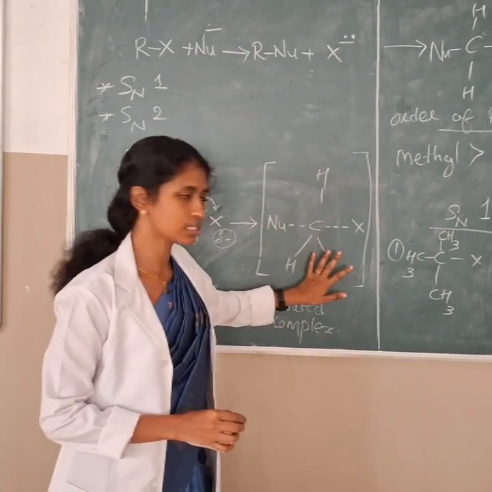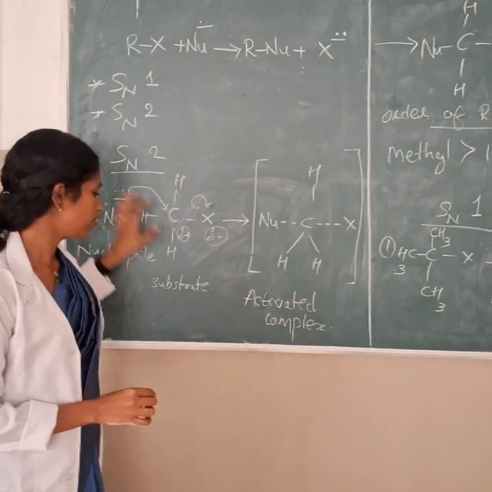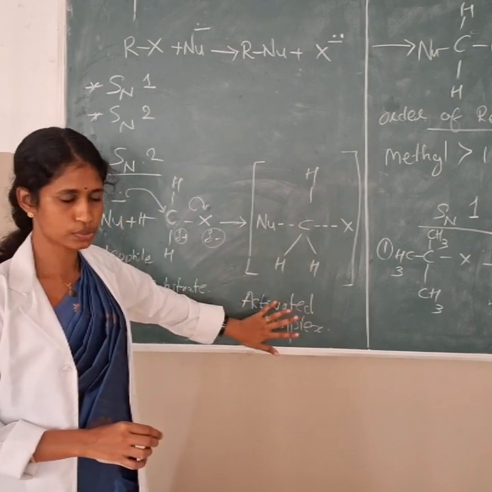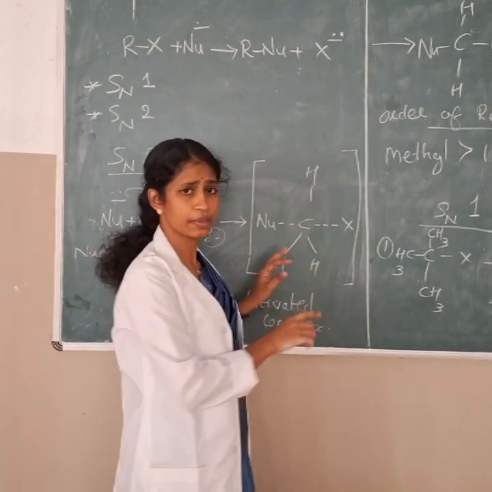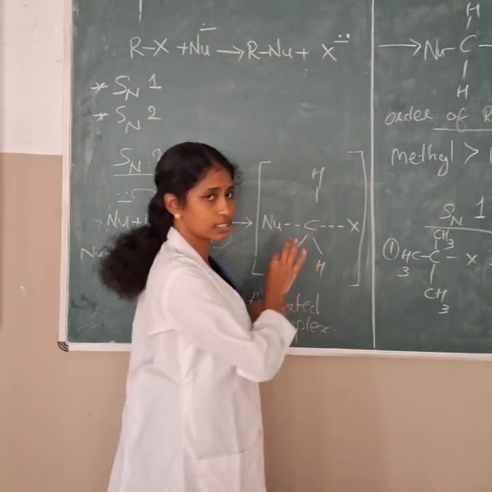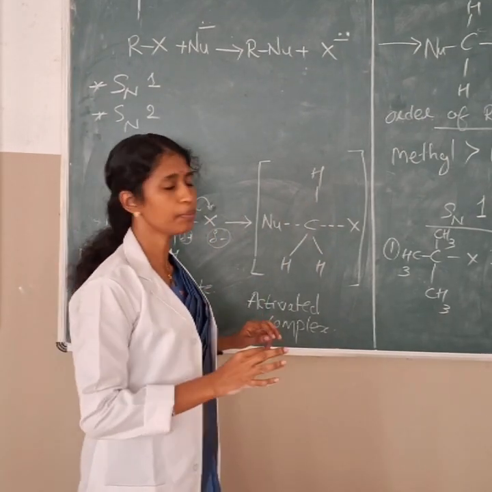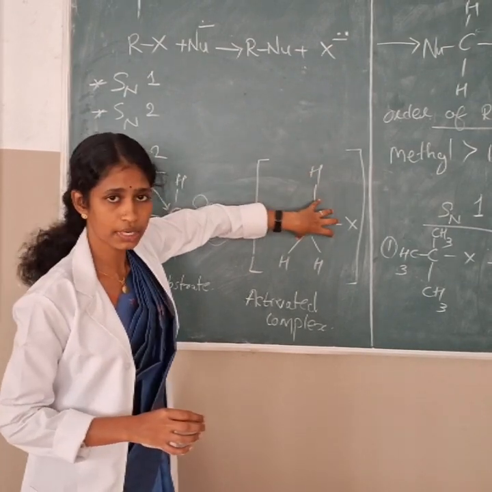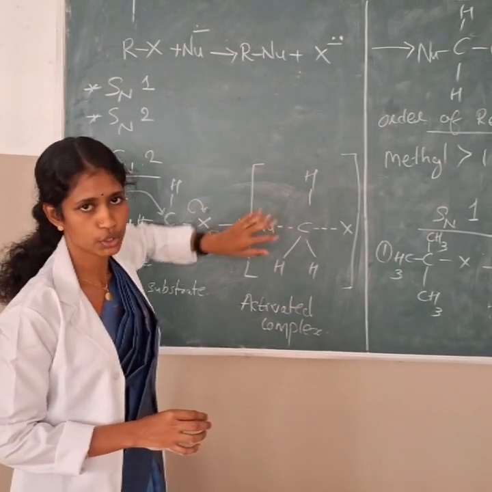And the next step, this is the activated complex. By reacting the nucleophile with the substrate, an activated complex, the intermediate, is produced here. In this stage, this carbon is covalently bonded to 3 hydrogens, and the carbon is partially attached to this halogen and to this nucleophile.